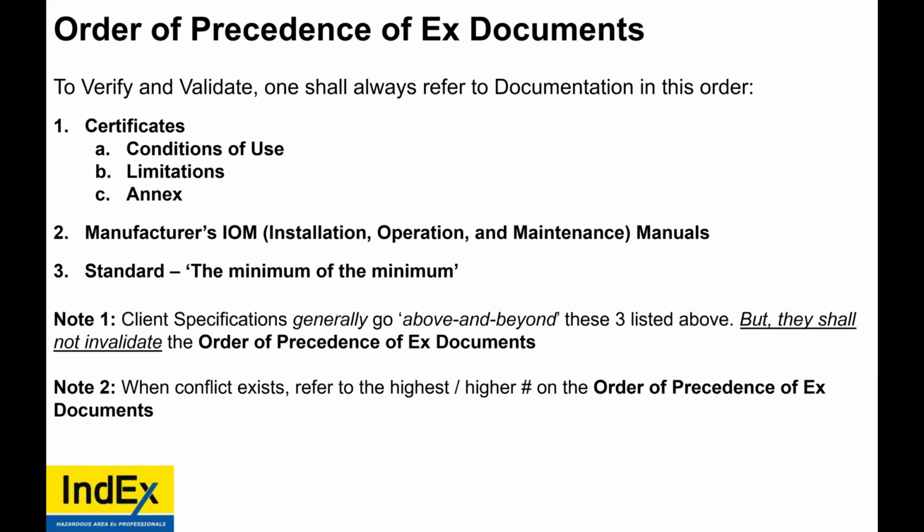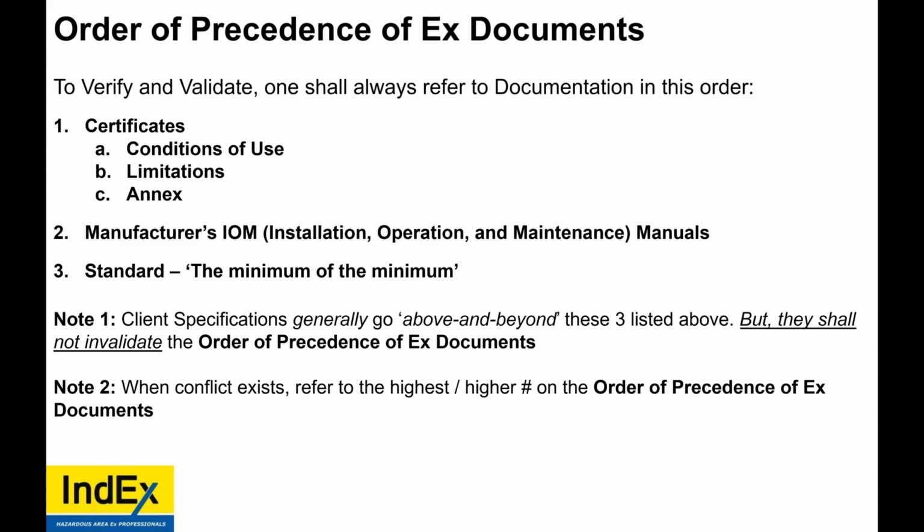So any inspector that is referring to a clause reference in the standard, remember, you are referring to a minimum of the minimums. So if you refer to IP 54 as not requiring an IP washer, you may want to rethink what you are talking about. A minimum of a minimum.